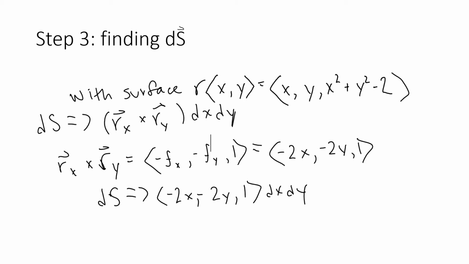If you can see, when you take the cross product of the two partial derivatives of the vector with respect to x and y, you get minus the partial of f with respect to x and minus the partial of f with respect to y. Sorry, that's a tongue twister.